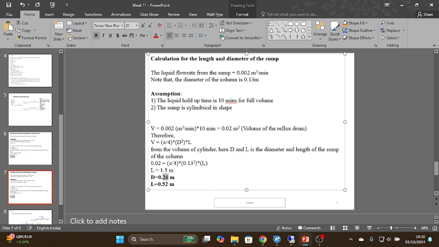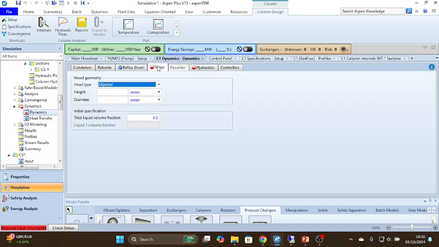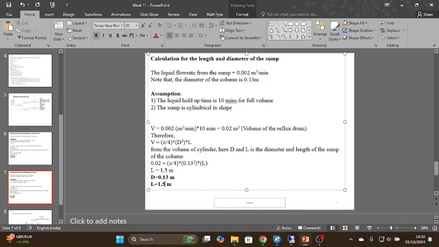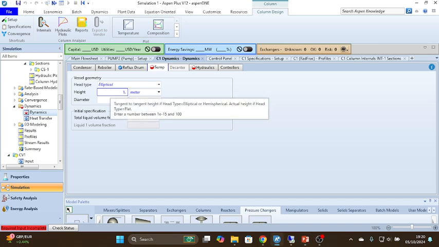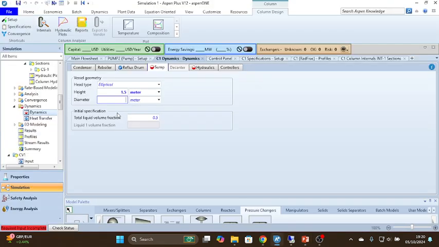So here this is 0.13 meter, and the length is 1.5 meter. Okay, so we are going to put these values over here. Height is 1.5 meter, and the diameter is 0.13 meter.